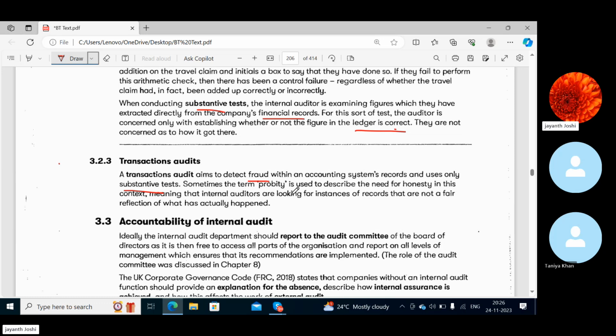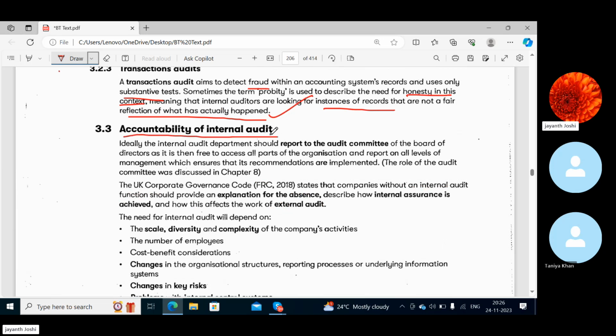So sometimes the term probity is used to describe the need for honesty in this context, meaning that internal auditors are looking for instances of records that are not a fair reflection of what has actually happened. They want to look into records and check whether whatever is shown in the books has really happened or not. They want to establish this.